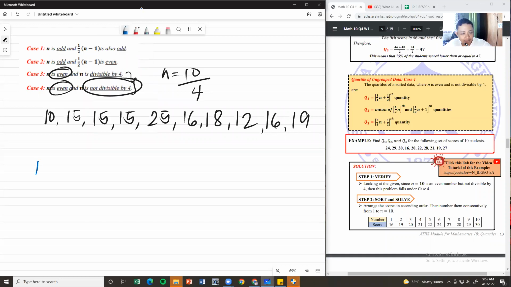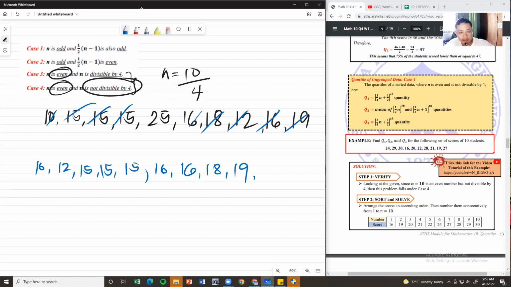So we have 10, 12, and then 15, 15, 15, and then 16, and then 18. Oh, there are two 16s. And then 18, and then 19, and then 25.